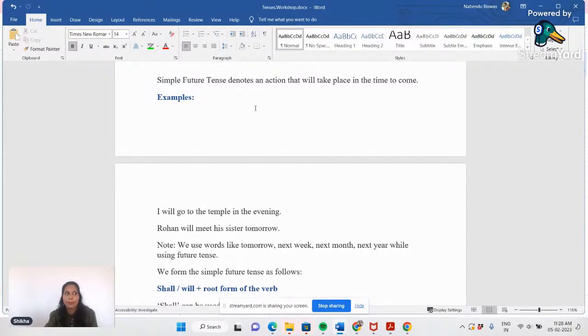Okay, so somebody does some work every day, like maybe Sheila cleans the house every day, and if you say Sheila will clean the house every day, Sheila will cook the dinner for his family, then the sentence is totally wrong. It is totally wrong, because the moment you use will, that means the action is not taking place at the present moment, it will happen in the future.